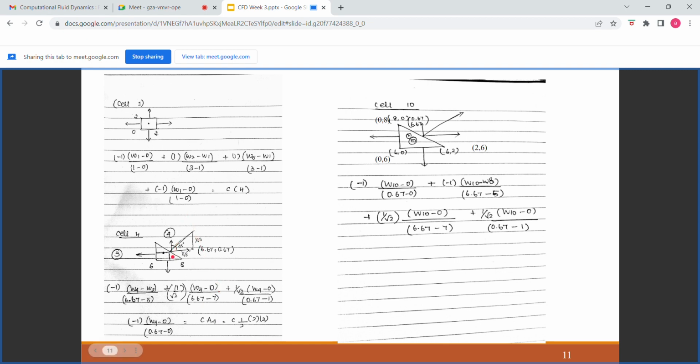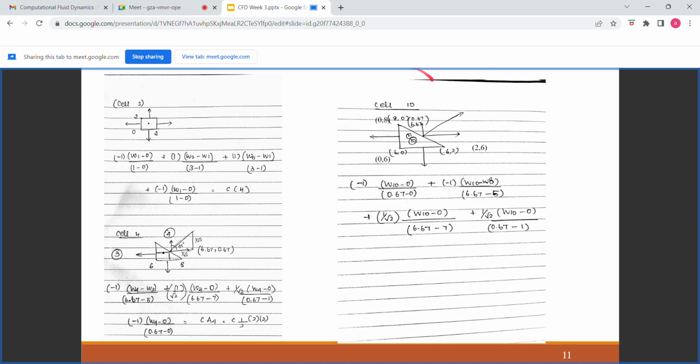If we are going in this direction, it would be W4 minus 0, that is the boundary, and the midpoint of the boundary would be 7. So it would be 6.67 minus 7 in the x direction, versus 0.67 minus 1, the midpoint in the y direction would be 1. In this way, we can write for cell 4, and it would be C into half into base into height, the area for the triangle.